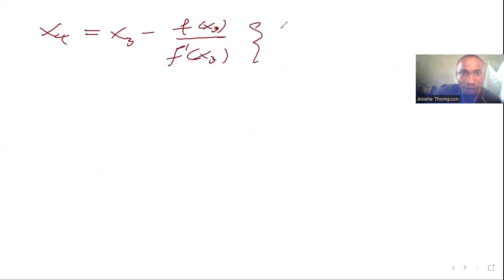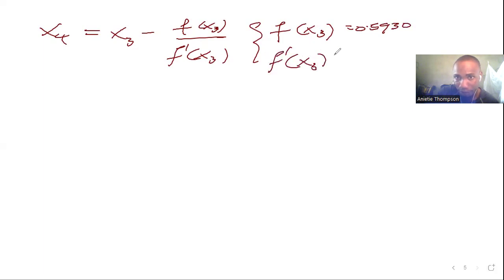Given the updated value of x3, f of x3 is equal to 0.5930. Then f prime of x3 also equals 29.4380.